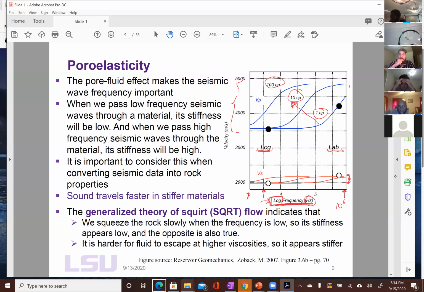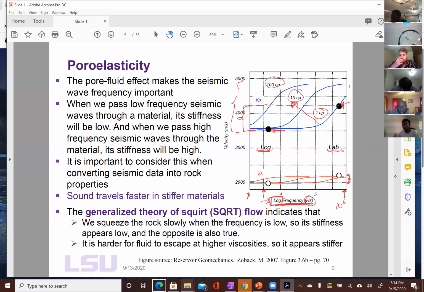So that's what's going on there. And the phenomenon which results in the lab stiffness being higher than the log derived stiffness is called dispersion.